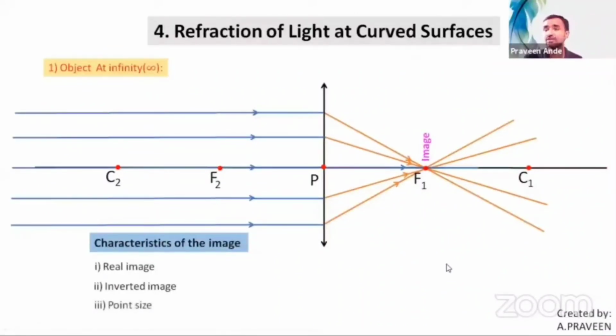The next, size of the image: it is point size. We are unable to measure the height of that image. The next, position: it is at the focus. So if you place the object at infinity distance, the image formed by a convex lens has these characteristics: real image, inverted image, point size, and it is formed at the focus.